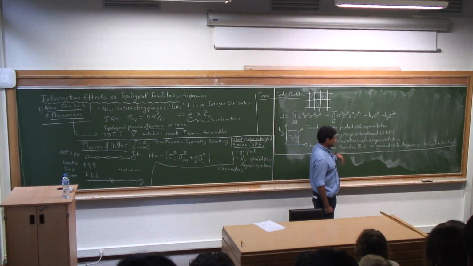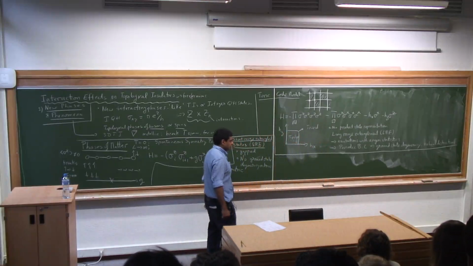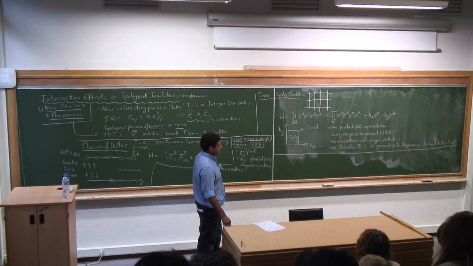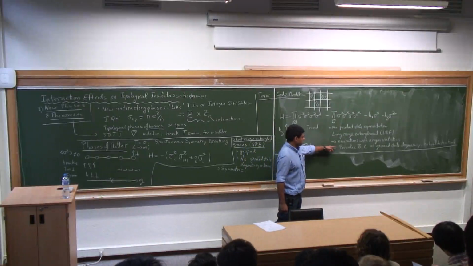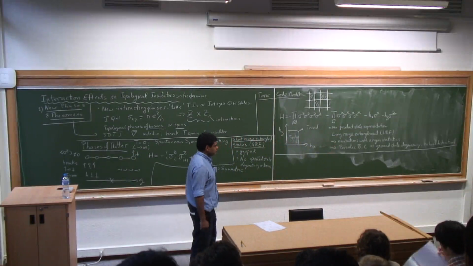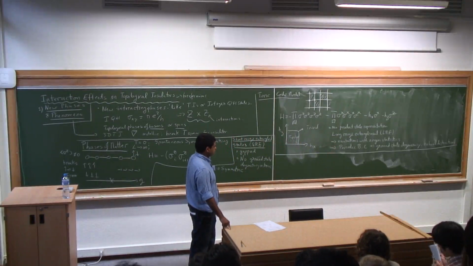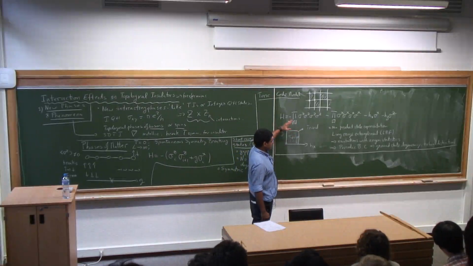You put it on a torus, it has threefold degeneracy, and there are analogs of this in 3 dimensions as well. With periodic boundary conditions, you have ground state degeneracy. So there are many models, and there's a lot of work on trying to extend these ideas.